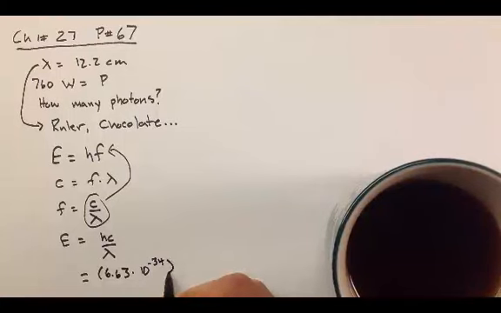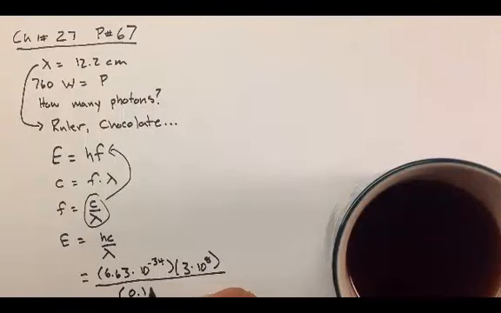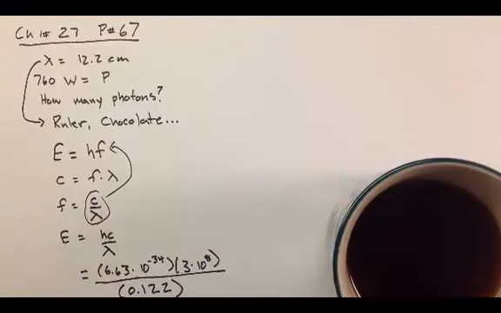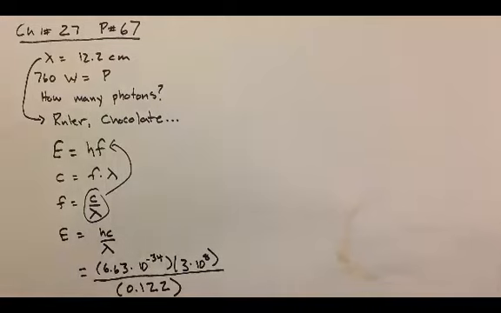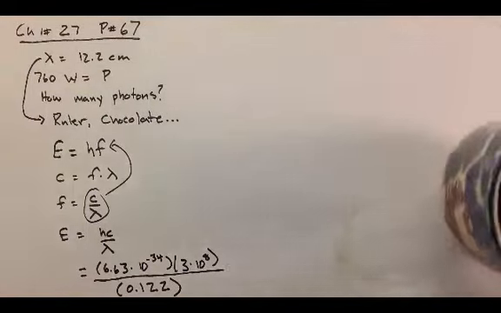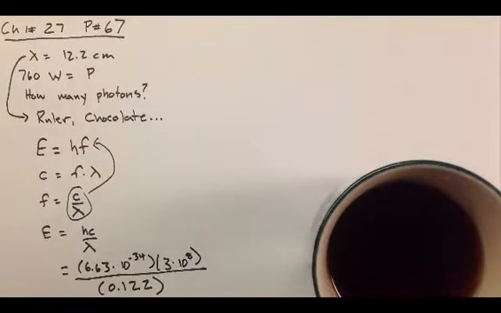Okay, we've got Planck's constant, we've got the speed of light, and we've got the wavelength of our microwave. Don't forget to put that into meters. And we would find, better move our tea here. Oh, that's still really hot. And we're going to calculate some energy here.